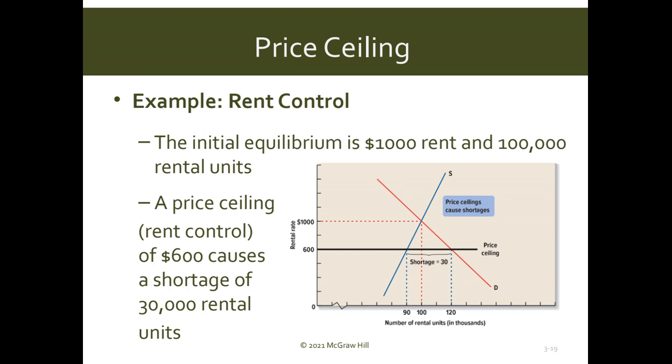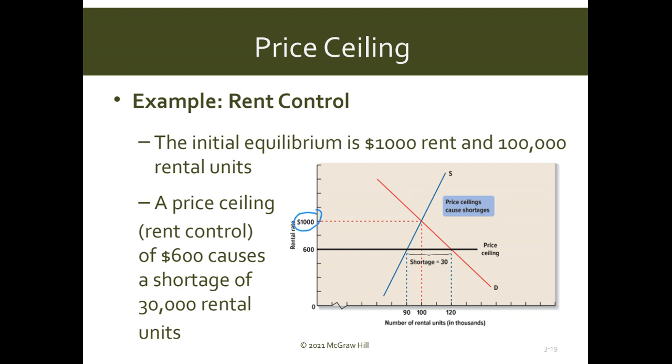Now look at the equilibrium price. There's no government regulation at this moment, suppose. The market is freely operating and there's no government intervention. According to the demand and supply curves, the equilibrium price must be $1,000.